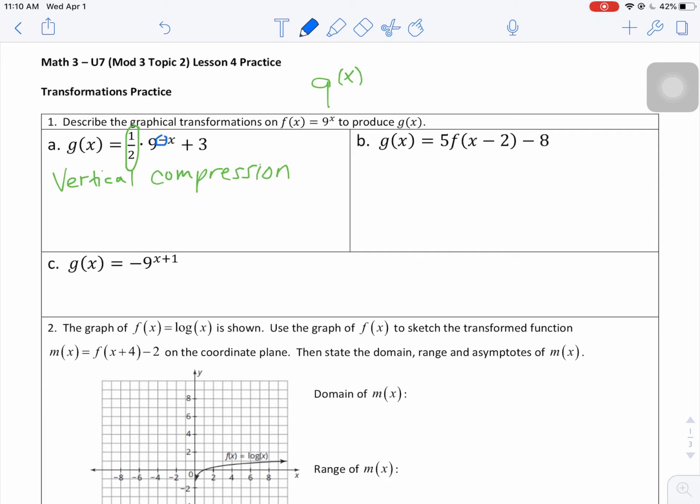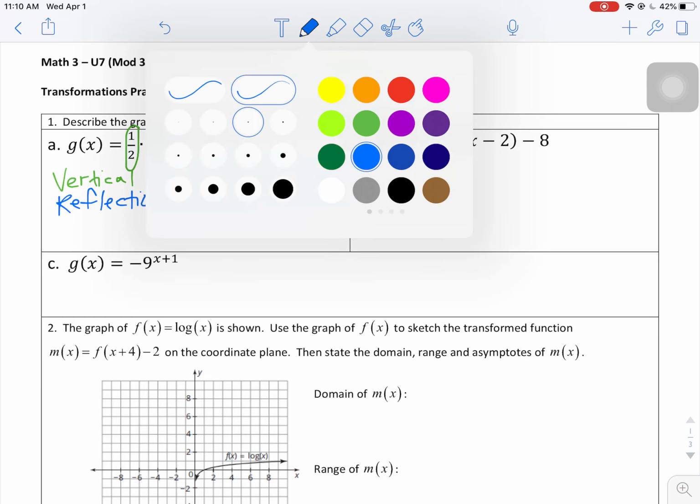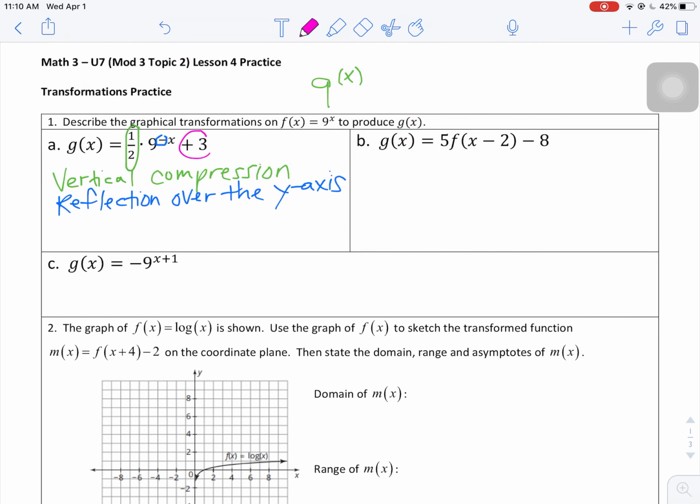So that would be your reflection over the y-axis. And then the plus 3 in the back would not be inside the parentheses, so that would be a vertical translation up 3.